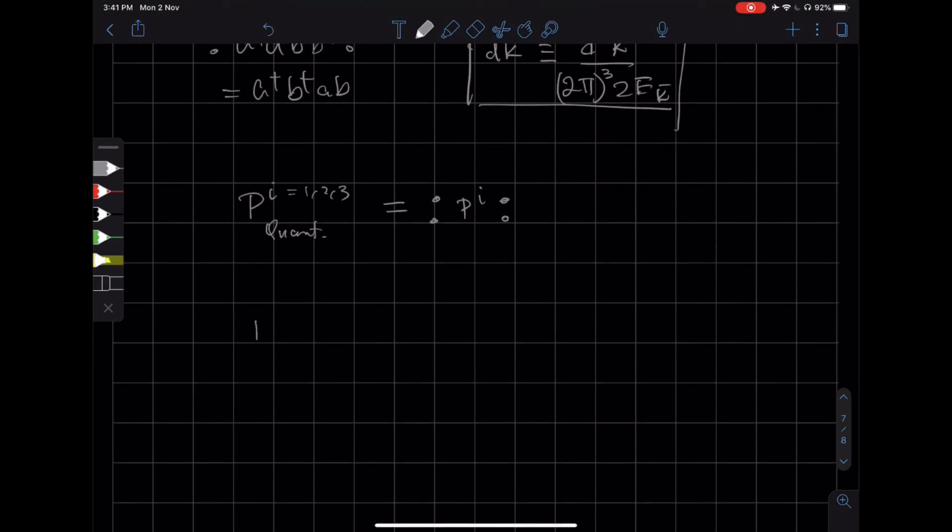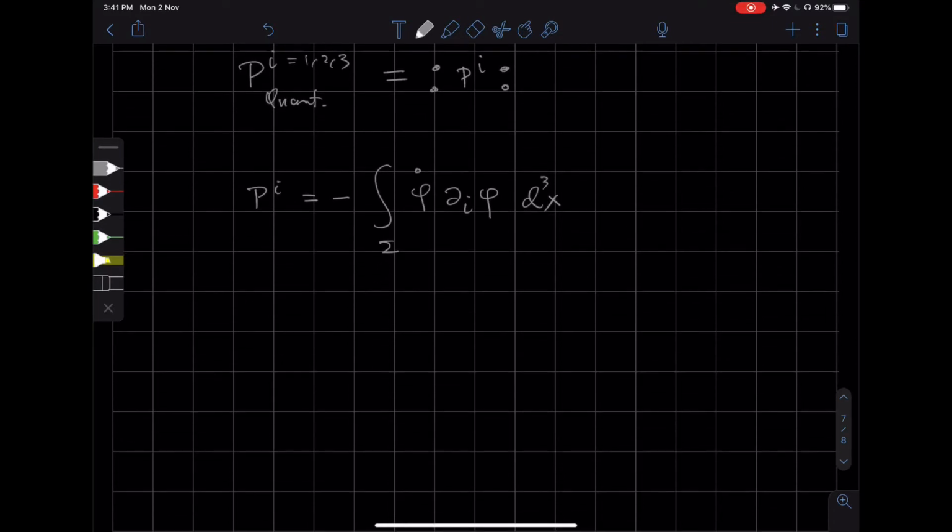Remember, we just derived a minute ago that the classical momentum operator is given by minus the integral of phi dot and the spatial derivative of phi, integrated over all of space.